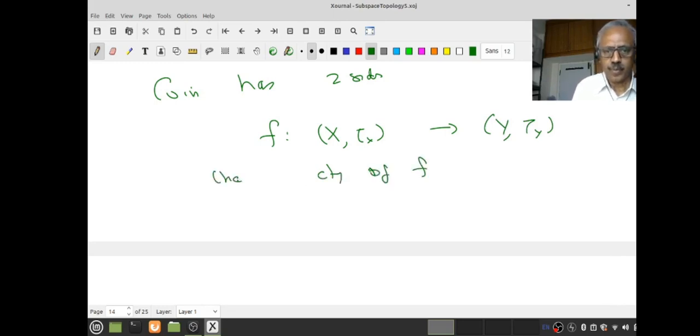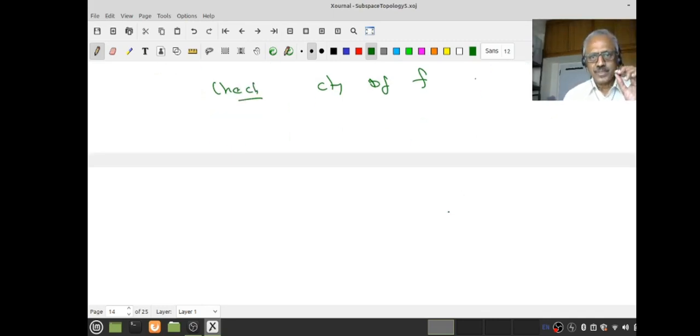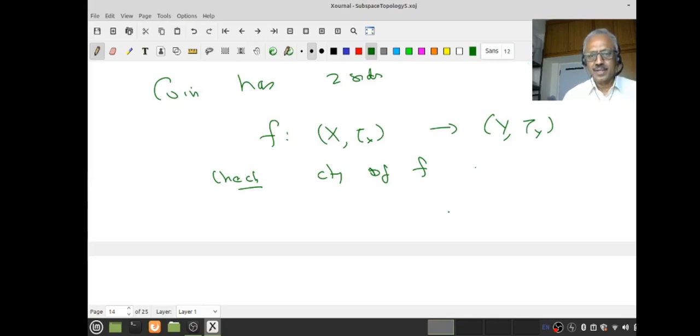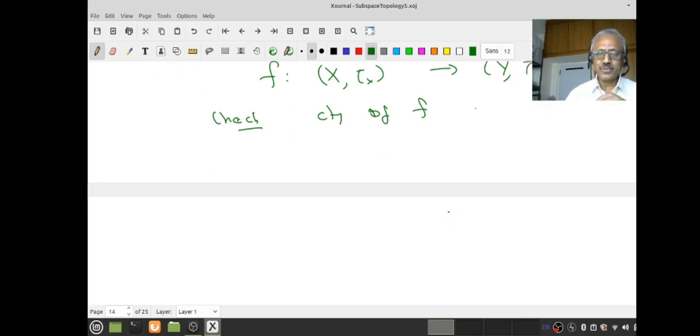Please understand, this may be a little vague. If X and Y are very concrete, this f may have a very explicit expression, like R^n to R^m. And using that you want to check.